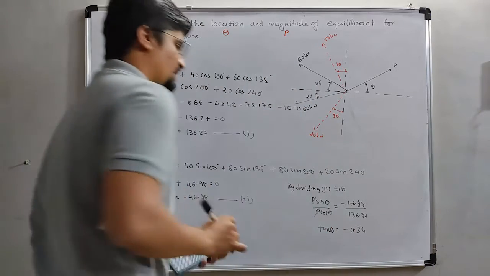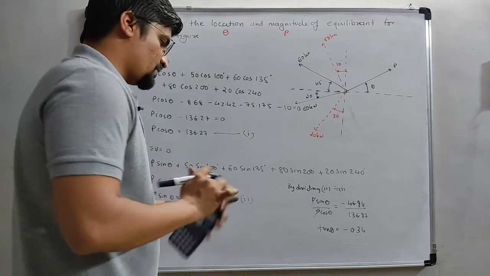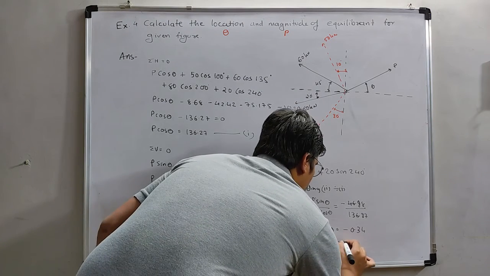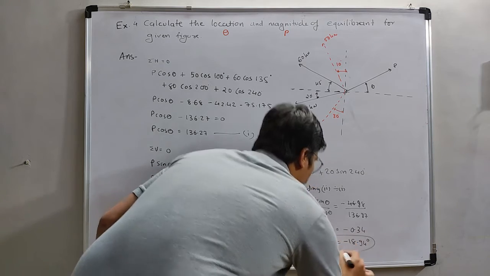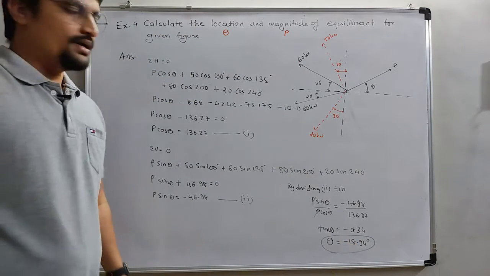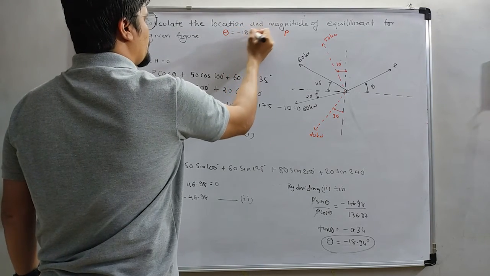P cancels. So theta is equal to tan inverse of the answer, so theta is equal to minus 18.94 degrees. So we get the location as minus 18.94 degrees.